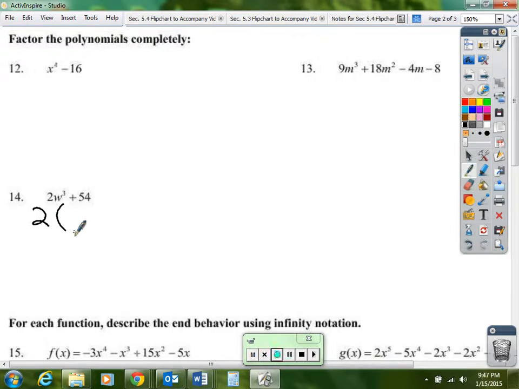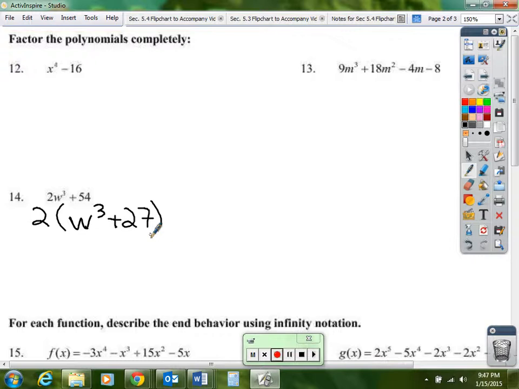Putting the 2 on the outside of a single set of parentheses, we are left with w to the third plus 27. Now looking at that, that is a sum of cubes. We will get to that in just a second.